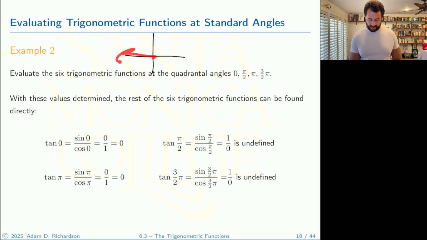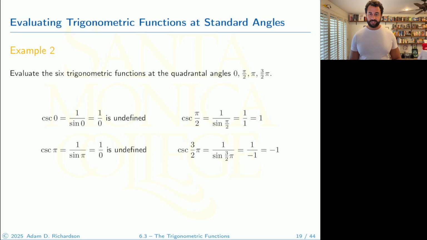When the angle is pi over here, the slope of that line is 0 again. When the angle is 3 pi over 2, it's pointing down, right? So that's going to be undefined again because it's a vertical line. And that's how it goes. So those are sine, cosine, tangent.